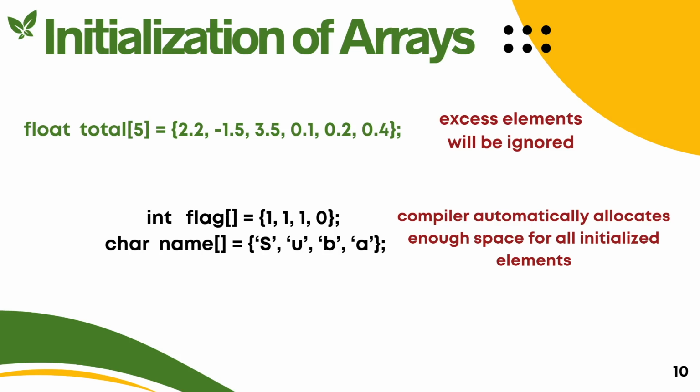So, in that case, the flag array will be created to be of type integer and with just 4 elements, just because we have specified 4 values within the braces. So, whatever elements we specify within those braces, the compiler will automatically allocate space for that many elements we have explicitly mentioned as a part of initialization.